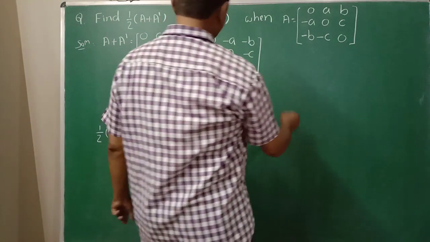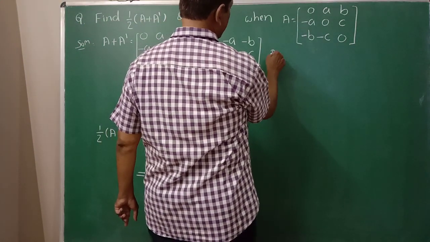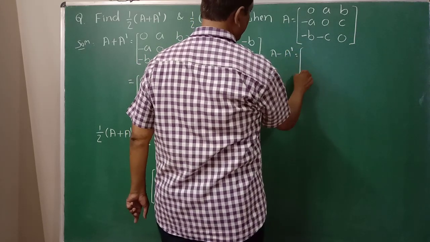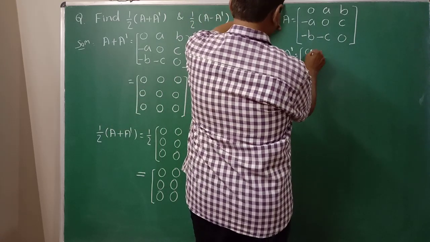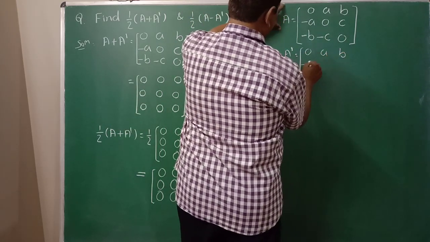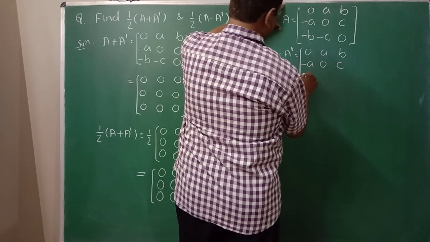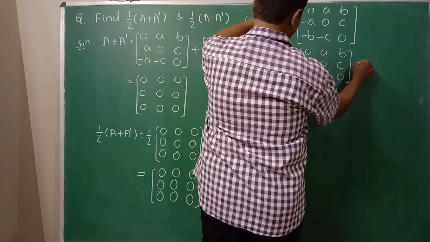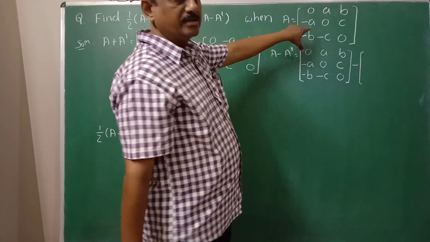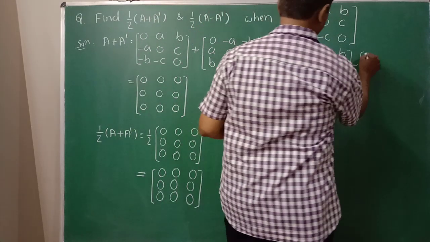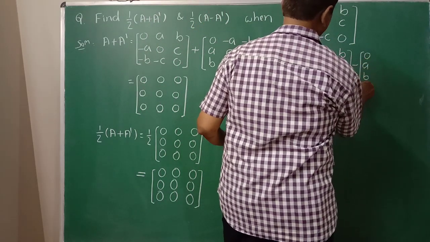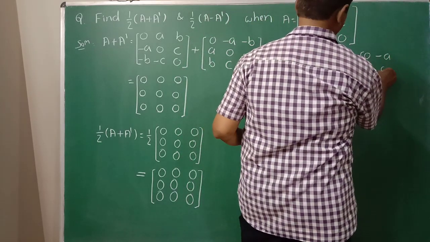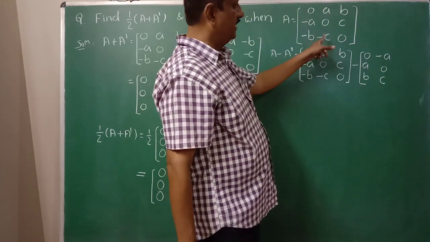So first find A minus A dash. A minus A dash is equal to, here the matrix is 0, a, b; minus a, 0, c; minus b, minus c, 0, minus A dash, which is its transpose: 0, a, b in the column; minus a, 0, c; minus b, minus c, 0.